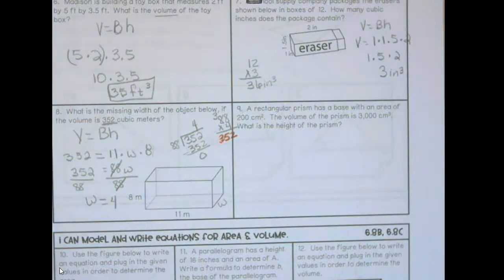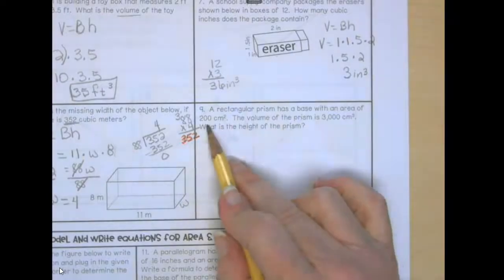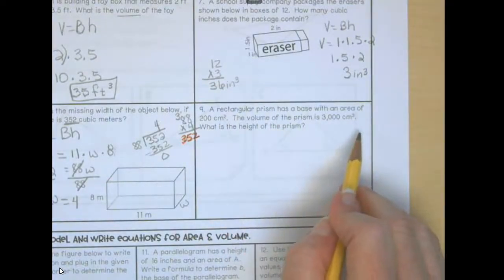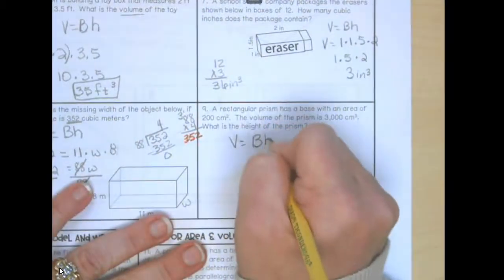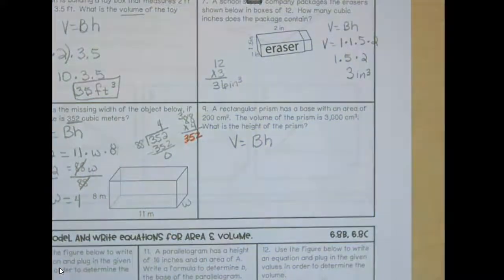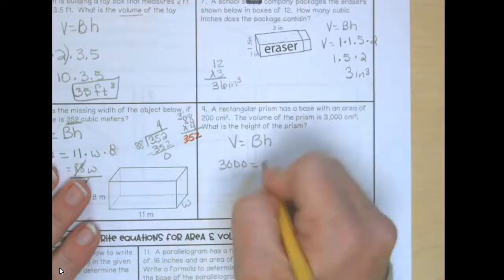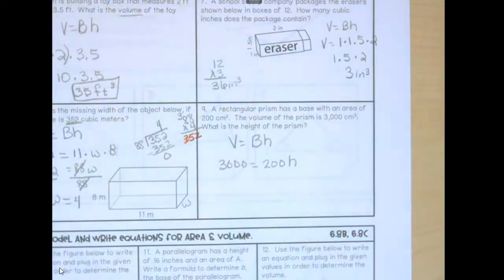Number 9. A rectangular prism has a base with an area of 200 centimeters squared. The volume of the prism is 3,000. What is the height? I get big B times H. They give us some information, so I am going to plug it in. 3,000 equals 200 times H. I am trying to solve for my height.